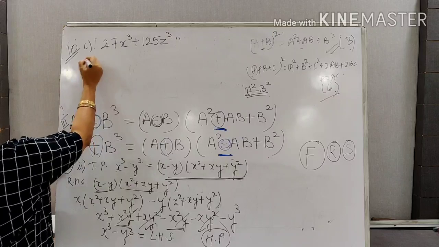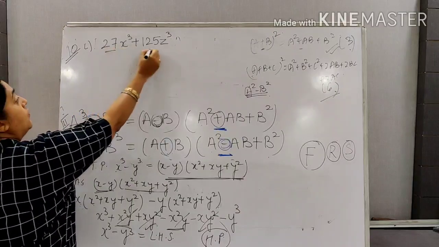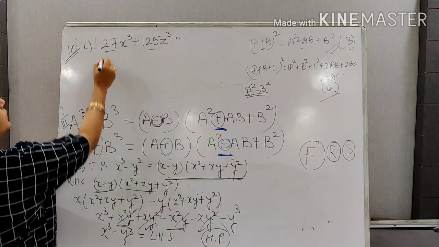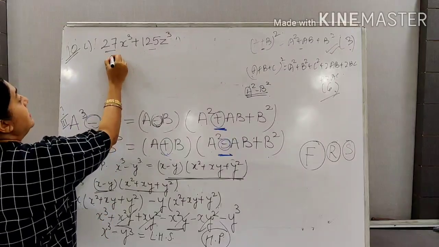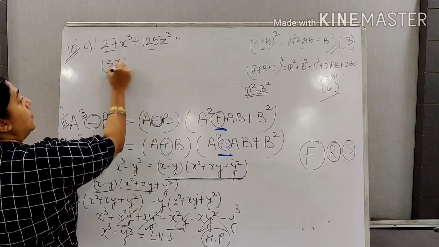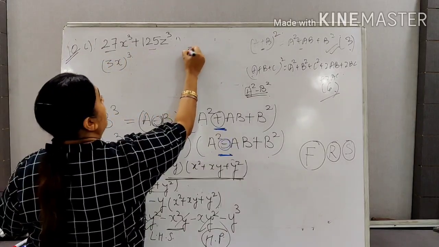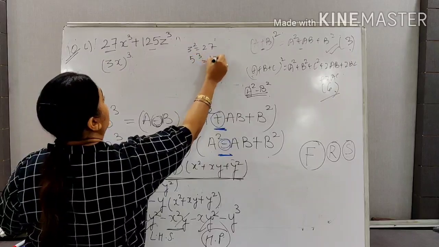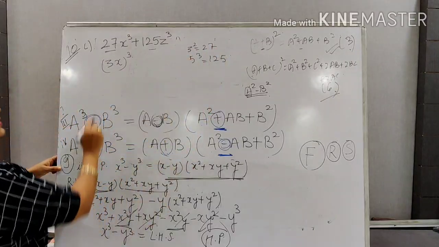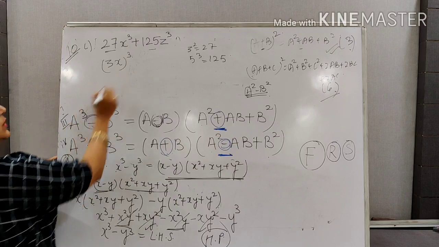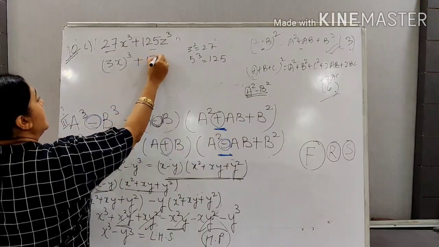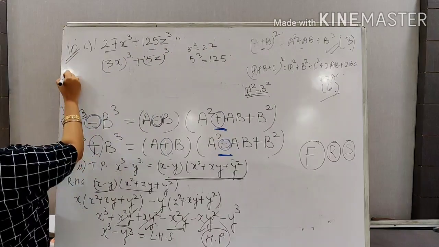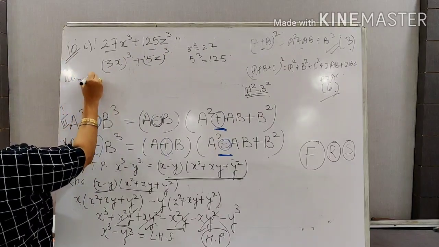So this is same as, let us make these coefficients also in terms of cube. So 27 can be written as 3x whole cube, because 3 cube is equal to 27 and 5 cube is equal to 125. So this becomes 3x whole cube and this becomes 5z whole cube. So now this is same as identity 4.